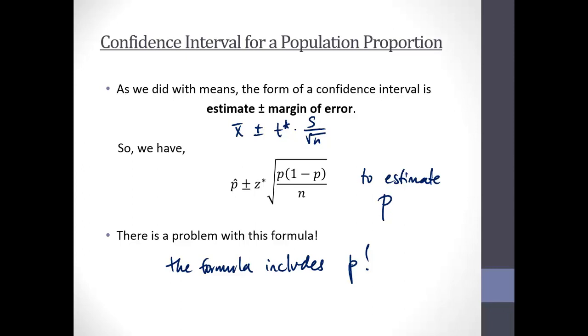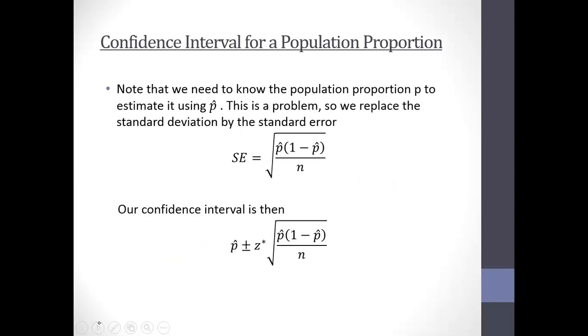But thankfully, we do have a workaround here. What we can do again is estimate. If our standard deviation is the square root of p times 1 minus p over n, we can estimate that with the standard error, and we can just plug in p hat for what p is going to be.